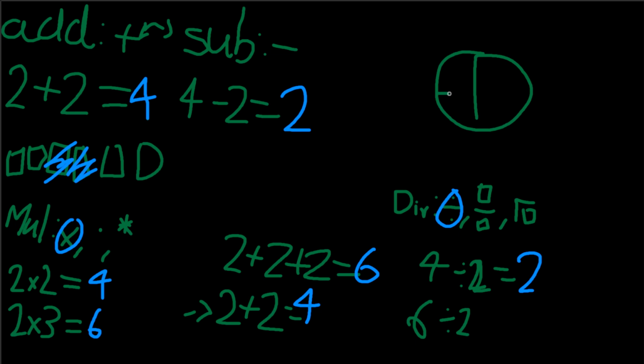So if we have 6 pieces to a pie, 1, 2, 3, 4, 5, 6. It's not very even, but you understand the message. If we have 6 pieces to the pie and we divide it into half, or into 2, that means we have to divide it into 2 parts.